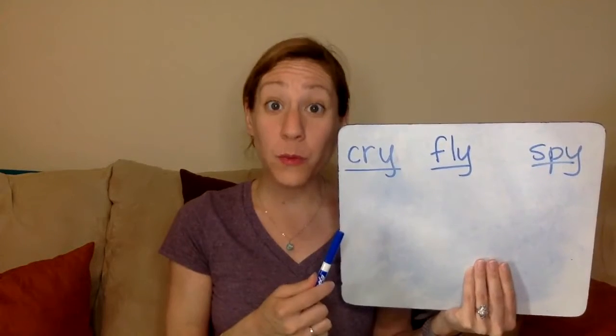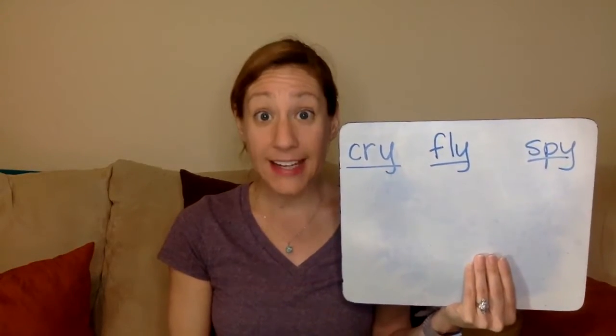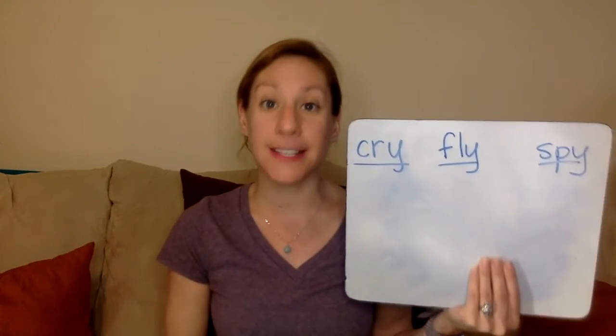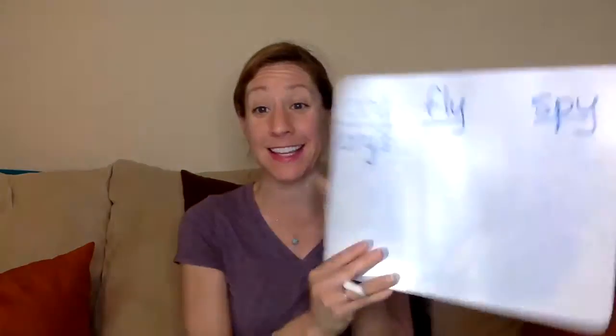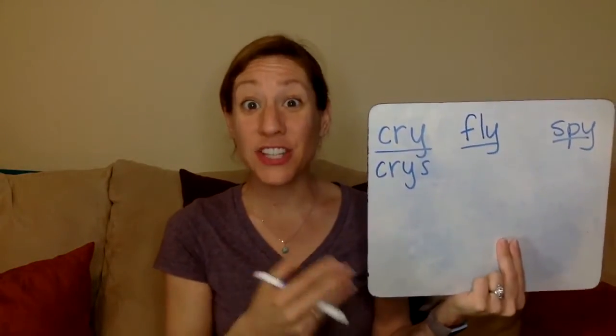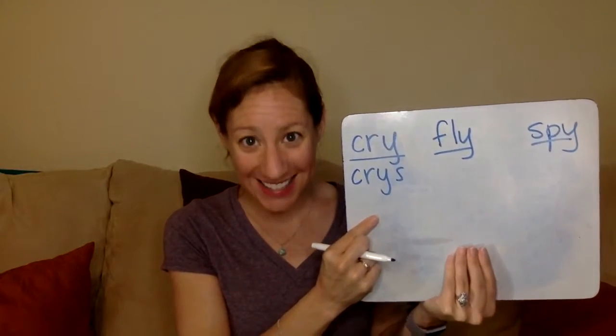So when we have a word like cry, that is the verb all on its own, the root word. If I wanted to say the baby cries, I don't just add an S. Usually I would just add an S to the end of the word, but that's not how we write it. We need to change that Y to an IE.